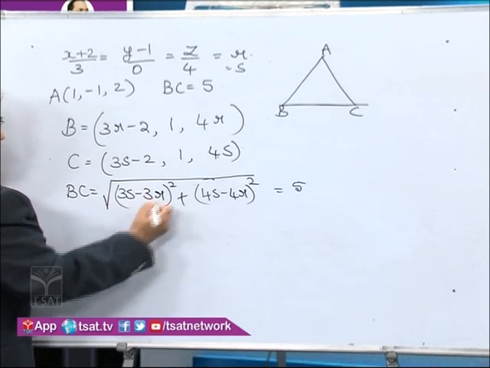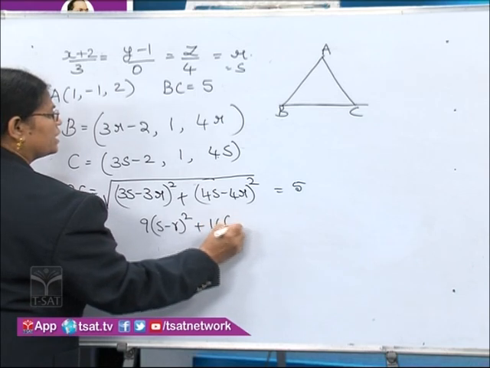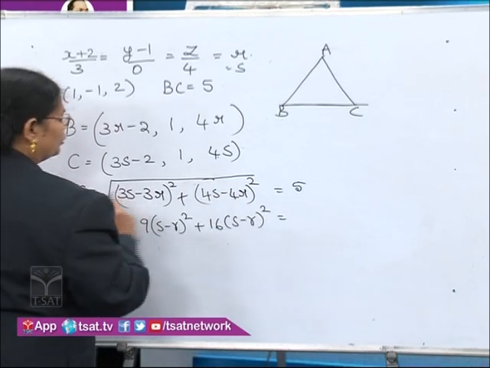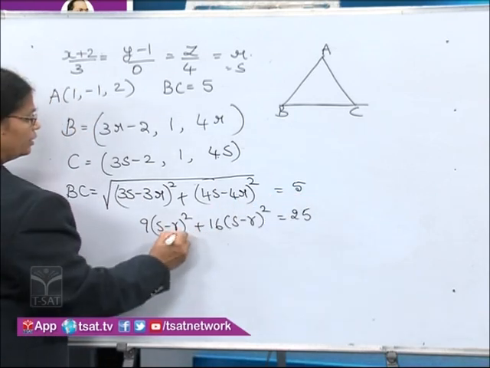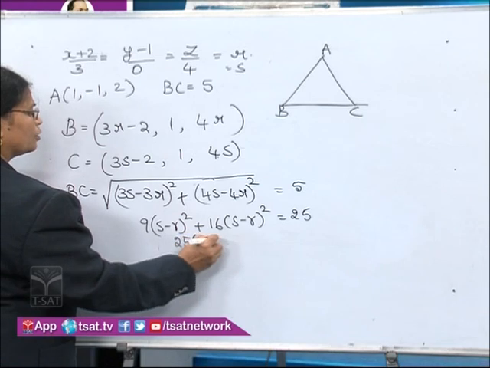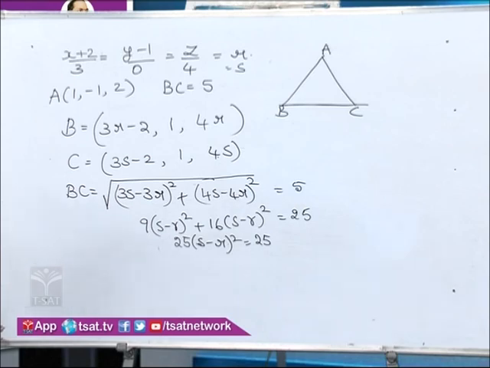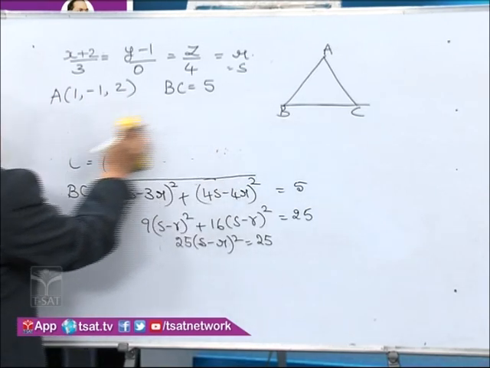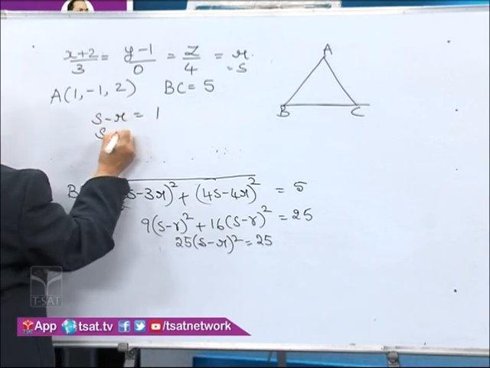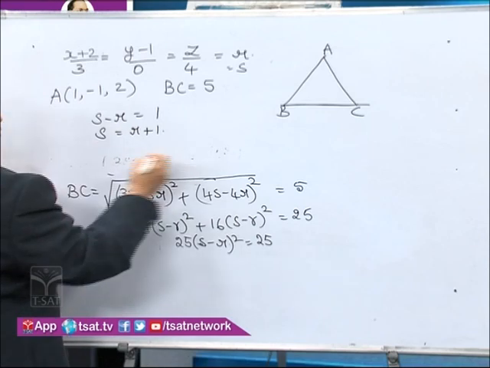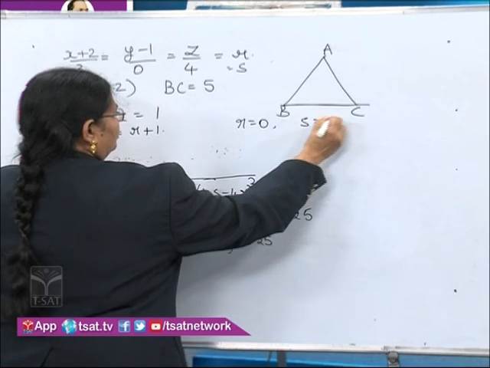If we take 3 outside, it is 9 (s minus r) whole square plus 16 (s minus r) whole square equals, removing the square root, 25. 16 plus 9, 25, (s minus r) whole square equals 25. So from this we get (s minus r) whole square equals 1, or I can write s equals r plus 1. If I take r equal to 0, s will be equal to 1.